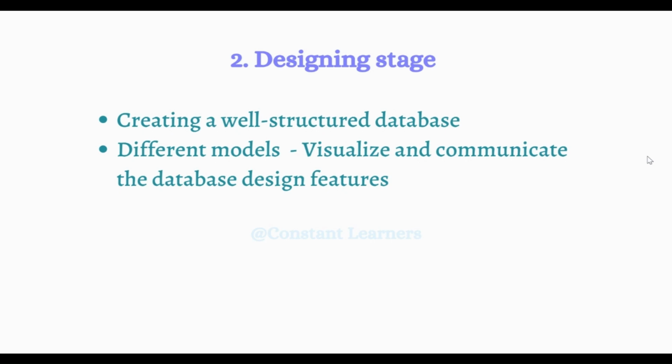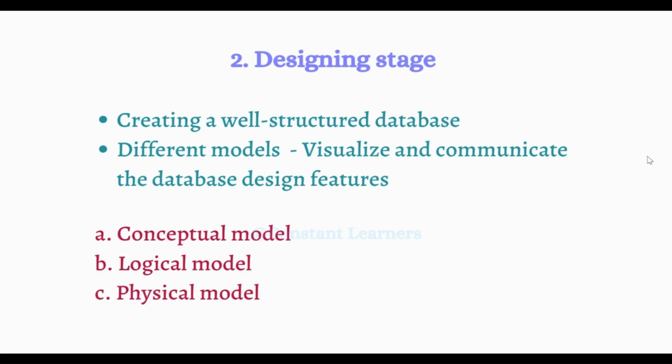Using different models, we are trying to visualize that design, and we are trying to build on that plan and finally get to our structured database system. All right. It helps them to understand the database design requirements and if the database is being built in compliance with those requirements or not.